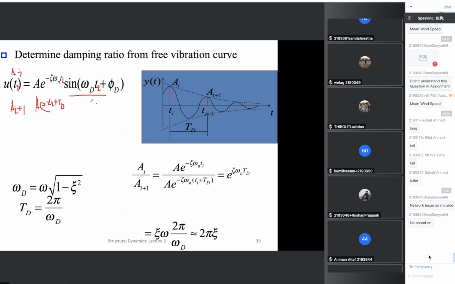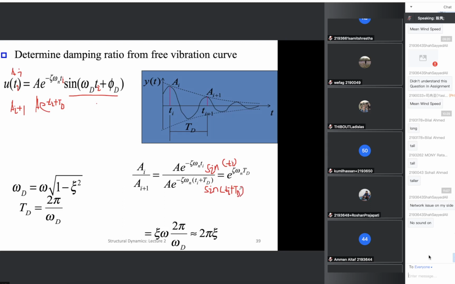Then we have a sine part with omega t_i, and for t_i plus T_d we also have a sine part.